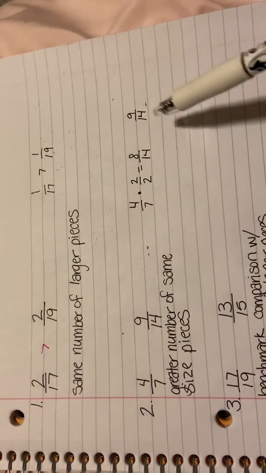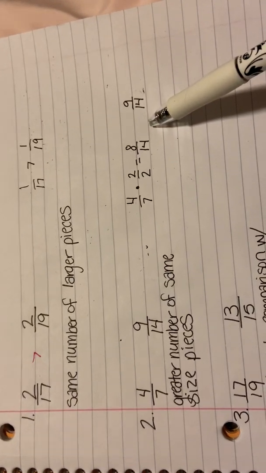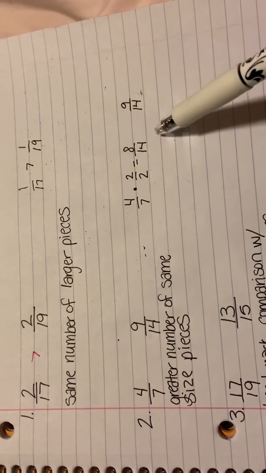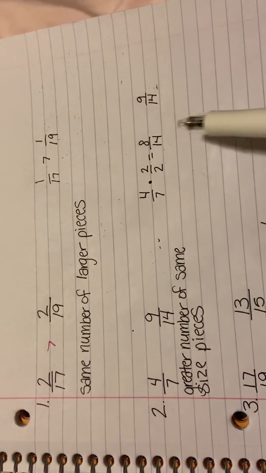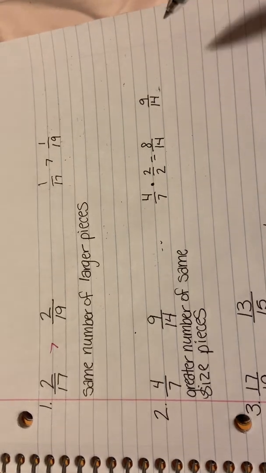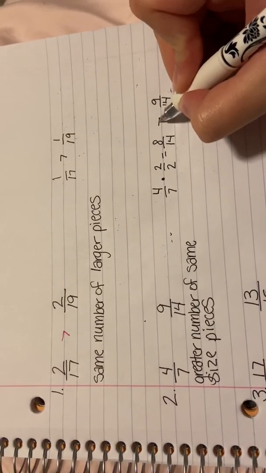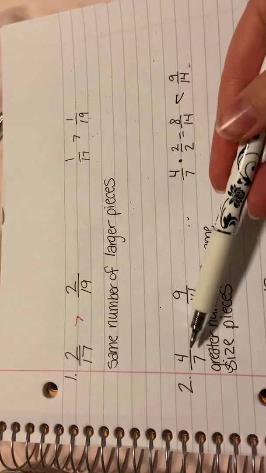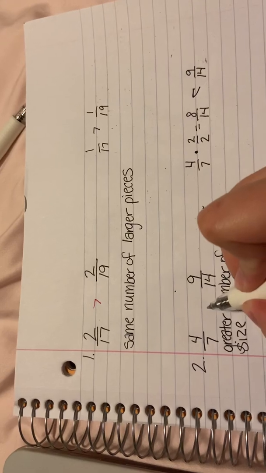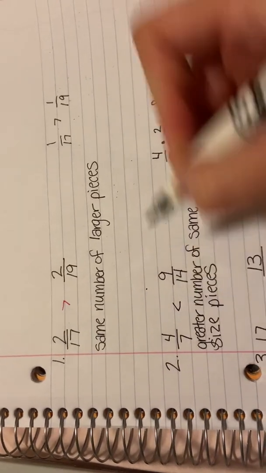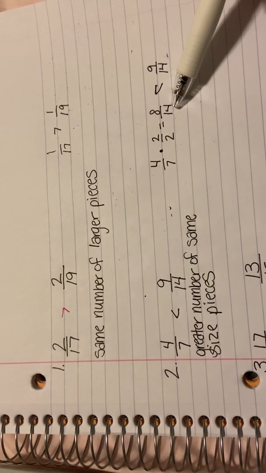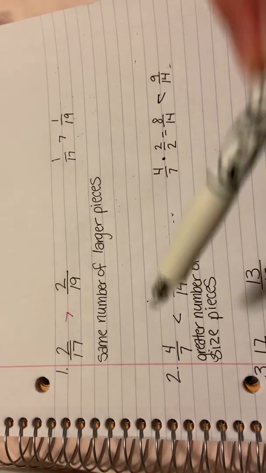All we have to do now is decide which of the numerators is the larger number, so we know which fraction has more pieces. 8/14 is less than 9/14, so that means that 4/7 is less than 9/14, because 8/14 is equal to 4/7.